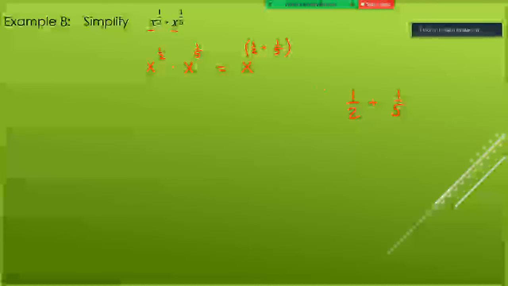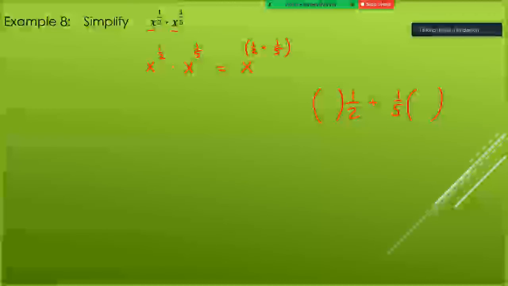Remember, when we're adding or subtracting fractions, they have to have the same denominator. So to deal with that, I'm going to multiply the 1/2 by 5 over 5. And we're going to multiply the 1/5 by 2 over 2. When we do this, we're forcing the denominators to be equal. So this comes out to 5 over 10 plus 2 over 10.